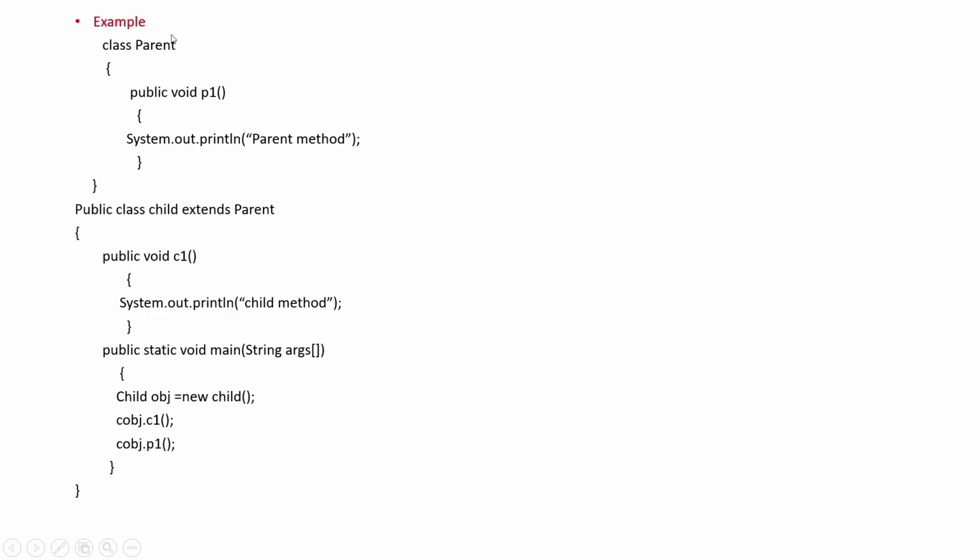Here is a simple example of inheritance. Class Parent is created. Inside that parent class one method is created, and here the Child class is created, which extends the Parent class. Inside that child class another method is created, and inside the child class the main method is also created.